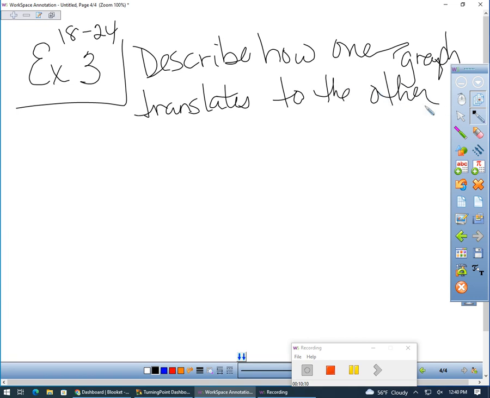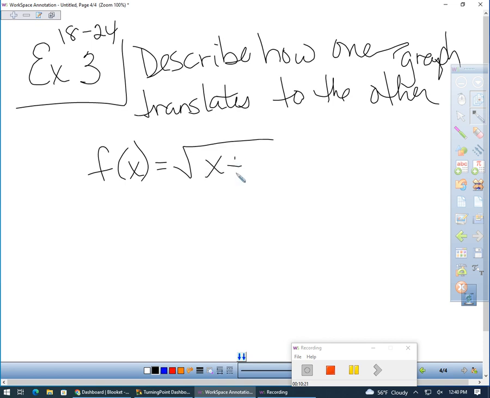So let's say I have f of x equals the square root of x plus 2, and I have g of x equals 3 square root of x minus 5.